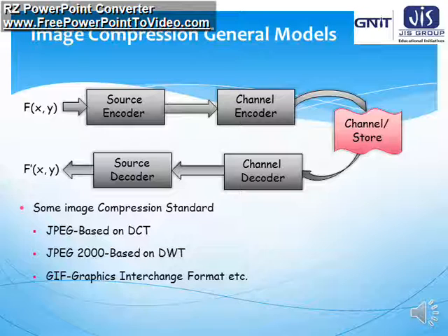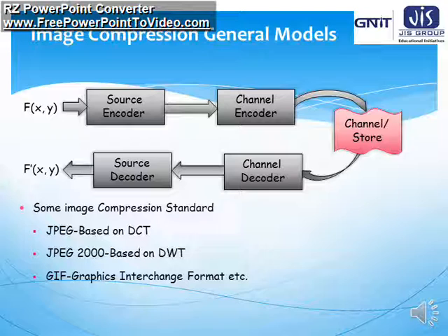First, the uncompressed f(x,y), or the original image, is used as the input and given to the source encoder. The output of this source encoder is given to the channel encoder. The channel encoder output can either be transmitted through a channel or stored for future use or future reference.